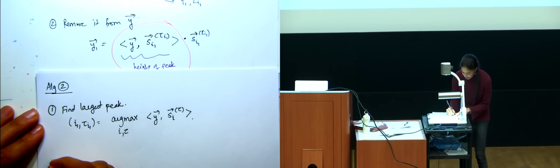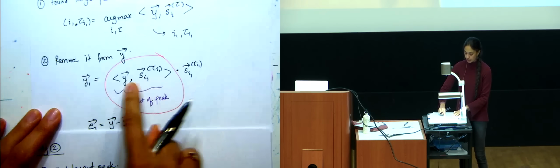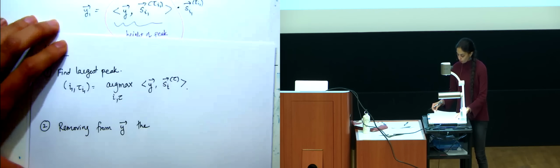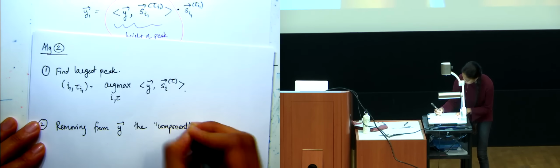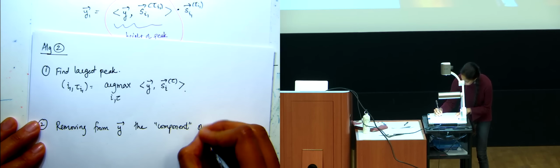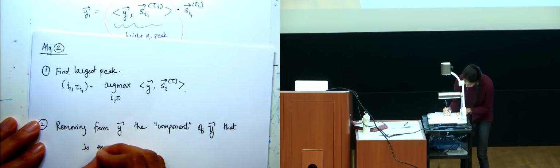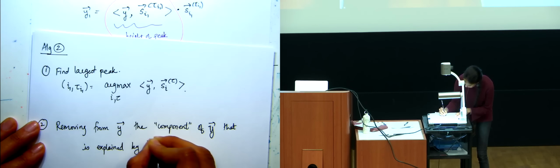And now, instead of removing from y just this term, which is the height of the peak times the signal, we're going to remove from y the component of y that is explained by S I1 at shift tau 1.